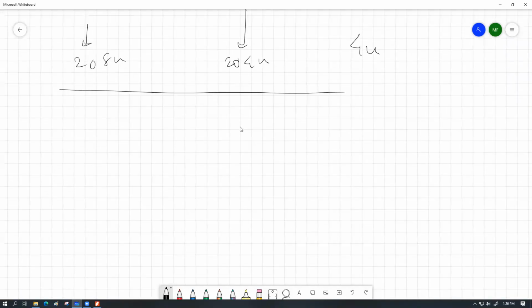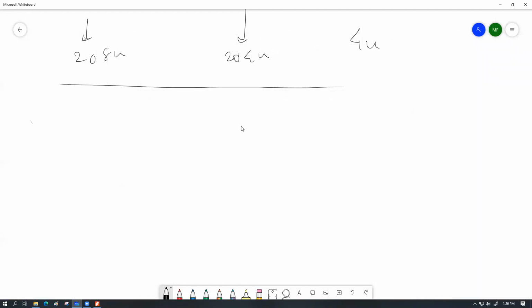if I write my own equation over here, let's say in this case it is going to be m1 plus m2, initial velocity is 0, equals m1 v1 plus m2 v2.